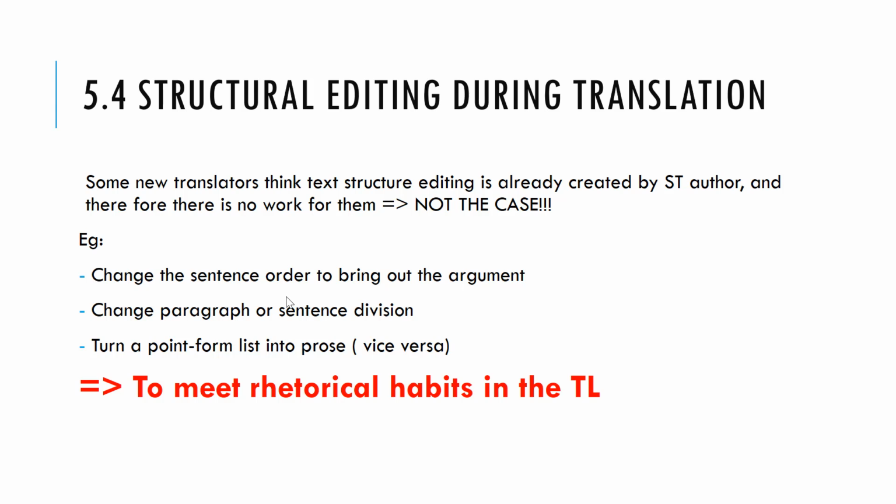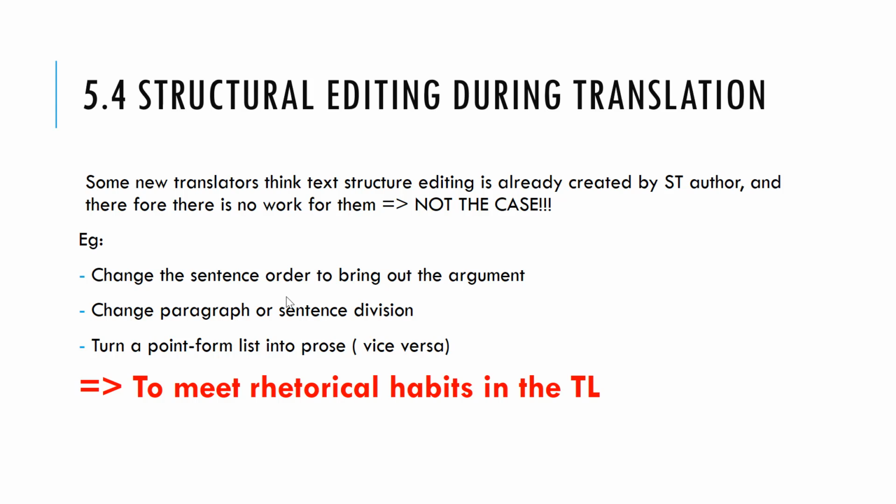The reason may be poor writing in the source text, or simply different rhetorical habits in the target language. For example, English tends to avoid the rather lengthy headings sometimes seen in French writing or Vietnamese writing.